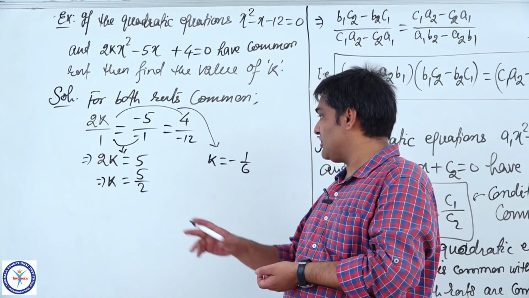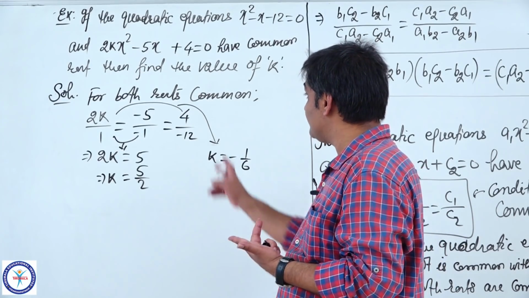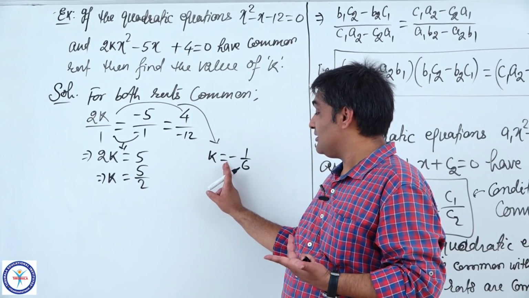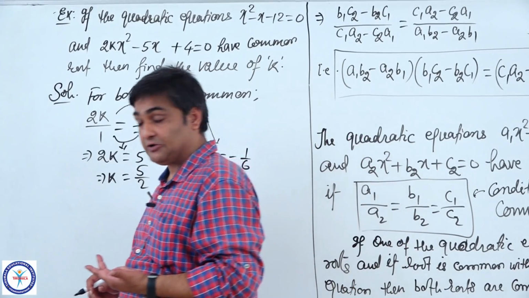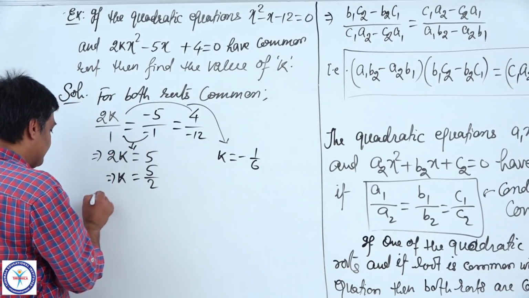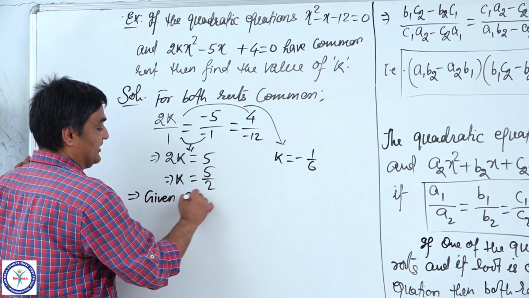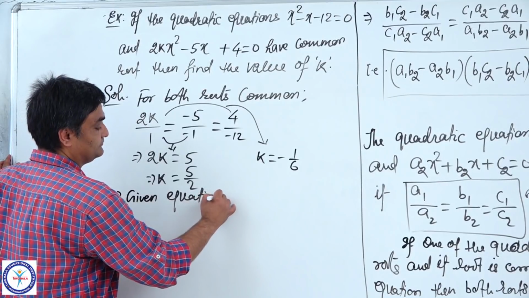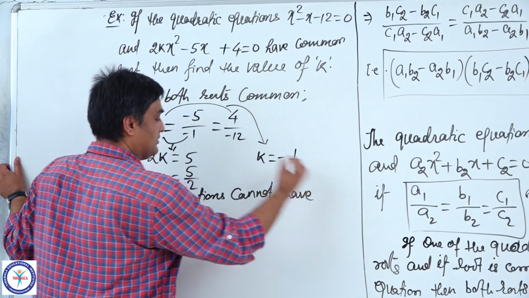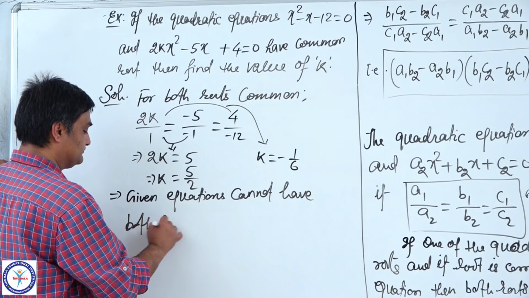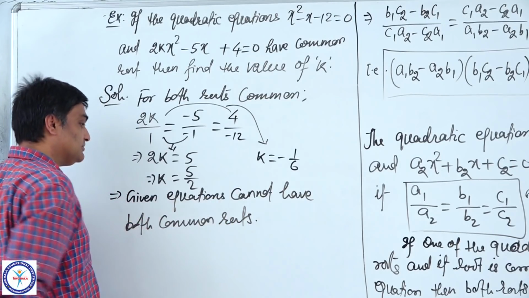Why? Because at the same time, k cannot take two values in the same equation, k as -1 by 6 as well as 5 by 2. It means the given equations cannot have both common roots.